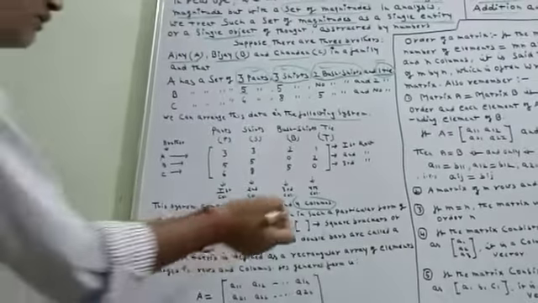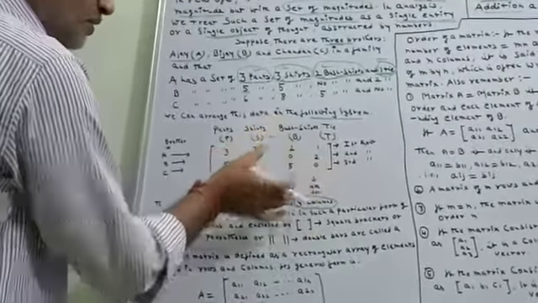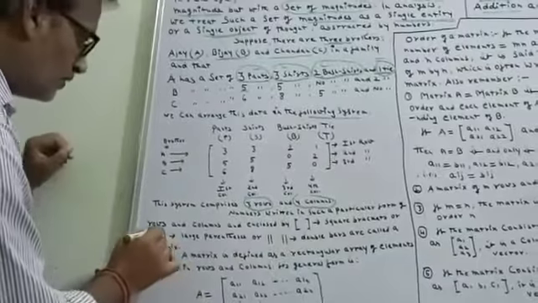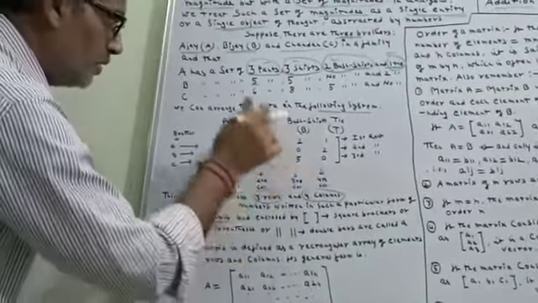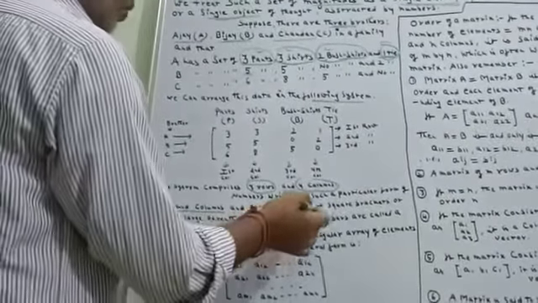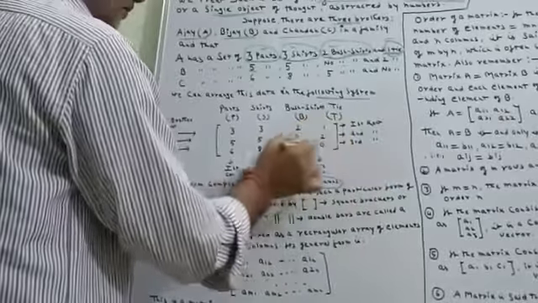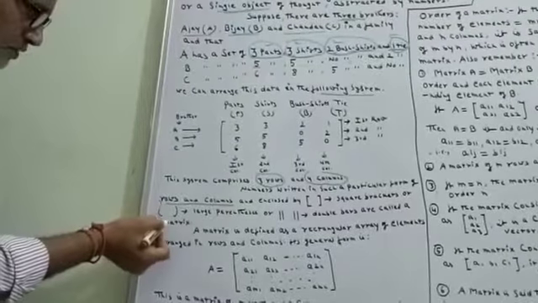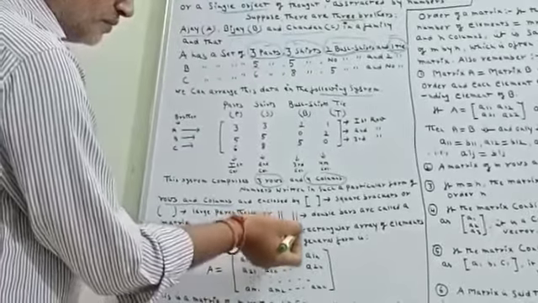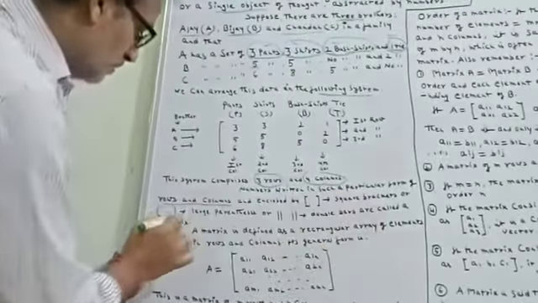Numbers written in such a particular form, in this form of rows and columns, and enclosed by square brackets, or large parenthesis, or double bars, are called a matrix.